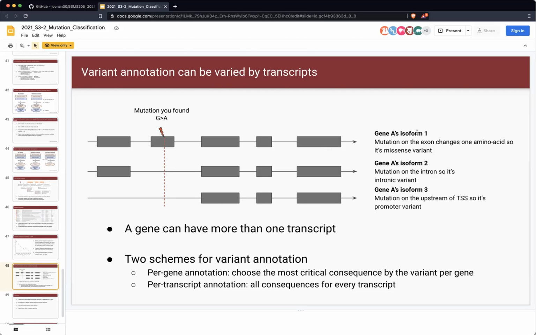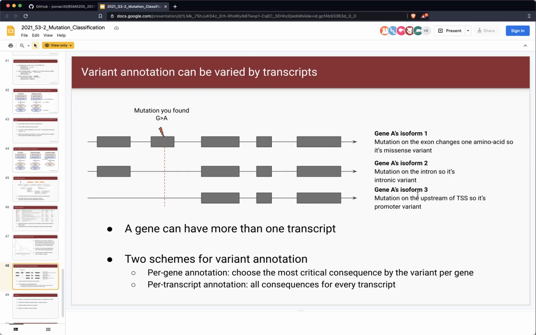If you look at these 3 isoforms, isoform 1 and 2 are not expressed in brain, and isoform 3 is expressed in brain. So in that case, you have to estimate the variant consequence based on isoform 3, right? But in reality, it doesn't always work that way.